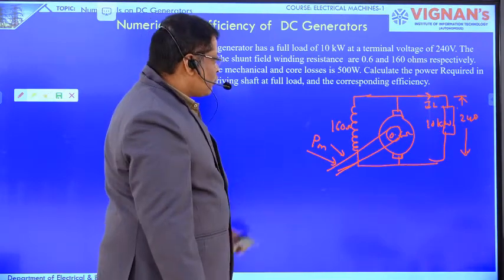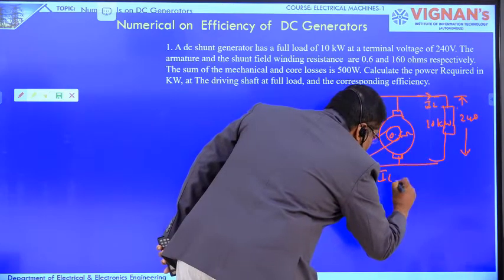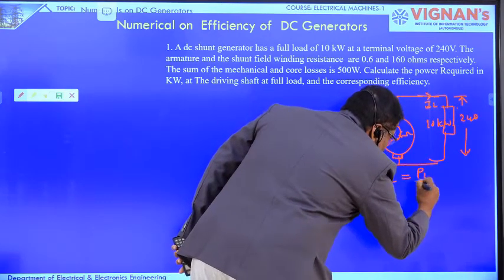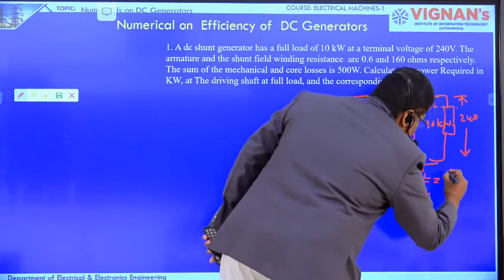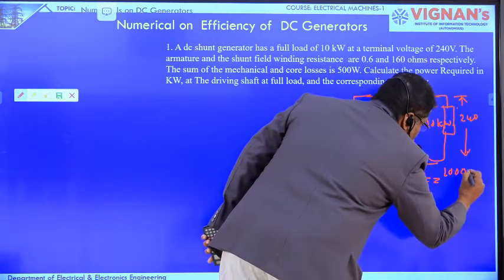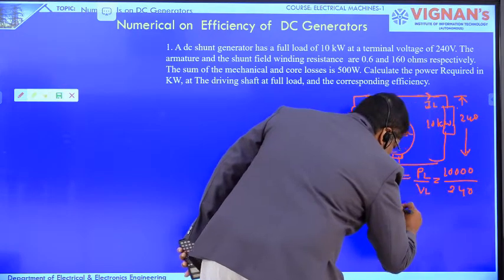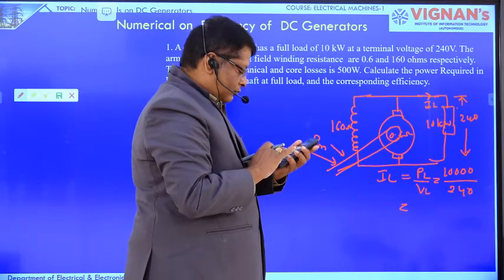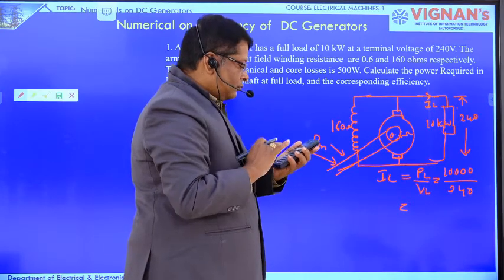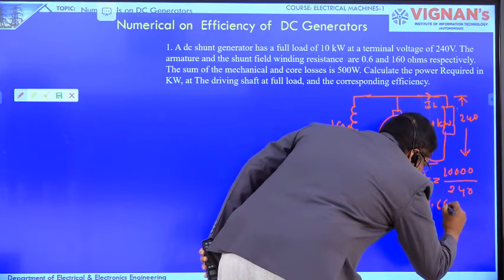To solve this, first of all you have to calculate the load current. Load current IL equals PL by VL. PL is given as 10 kilowatt, which you have to convert into watts, divided by 240. You get 41.66 amperes.